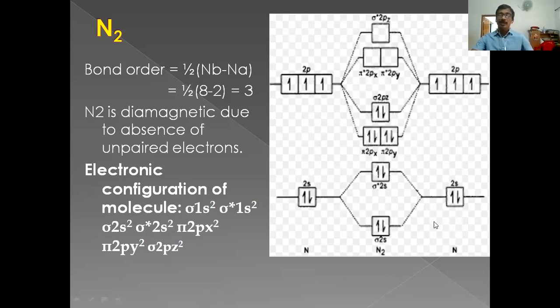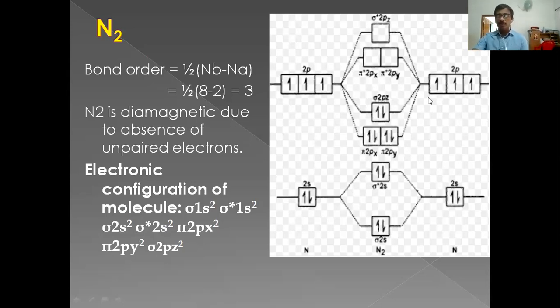Out of this 10 electrons, 2 enter here, remaining 2 here, next 2 here. So 4, 6 is remaining. 2 plus 2 plus 2, 6. All the electrons are entered into the molecular orbitals, and here it is over. This is the molecular orbital diagram of nitrogen.